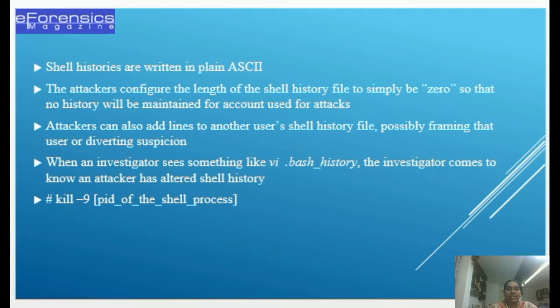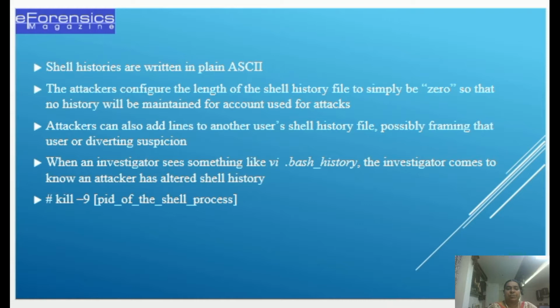But a zero-length shell history file raises suspicion of system administrators. So attackers opt to remove commands that raise suspicion rather than completely deleting the history. Attackers also add lines to another user's shell history file, possibly framing that user or diverting suspicion.